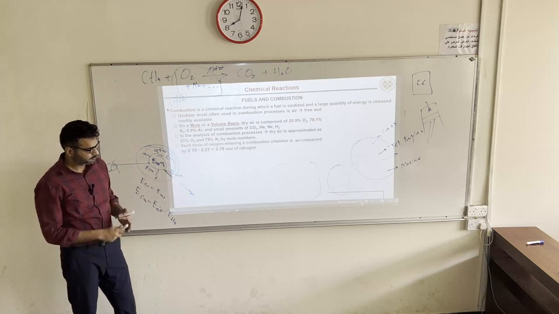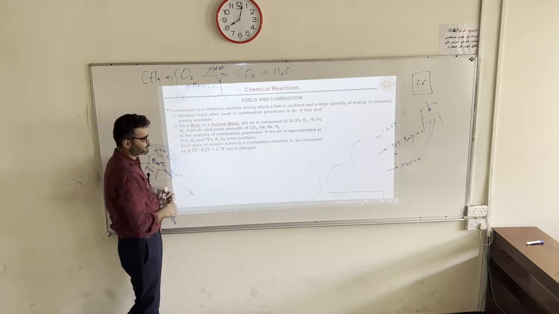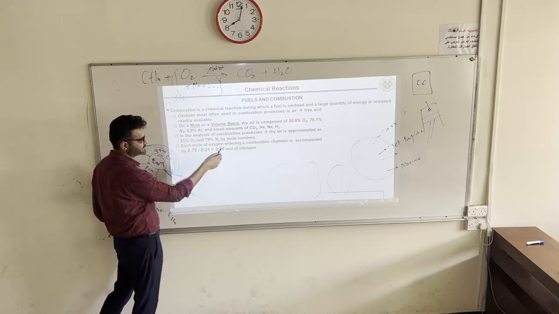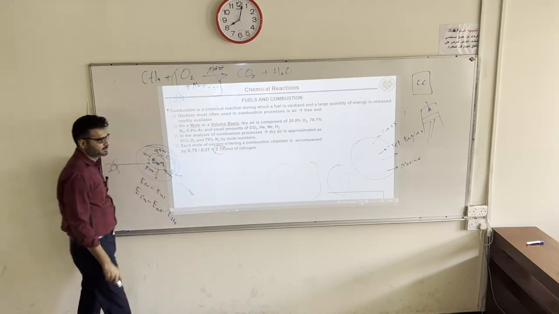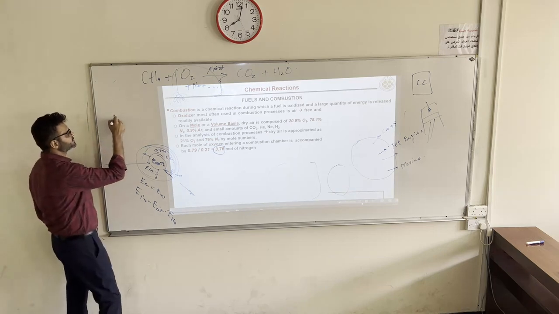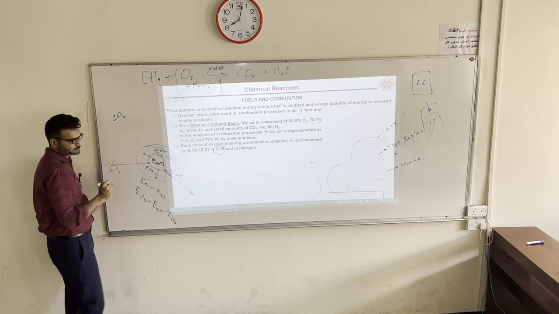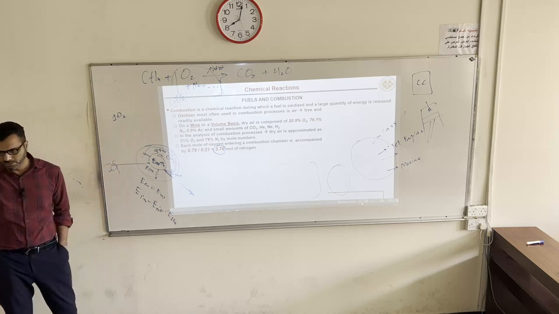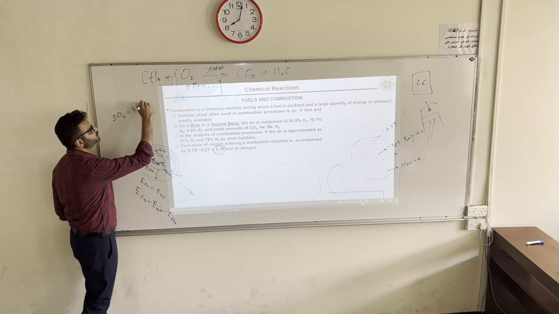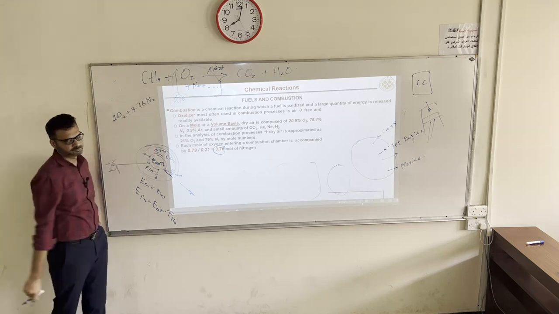What does this mean? 0.79 divided by 0.21 is 3.76 moles of nitrogen. If there is 1 mole of O2 in air, it will have 3.76 moles of nitrogen in it.